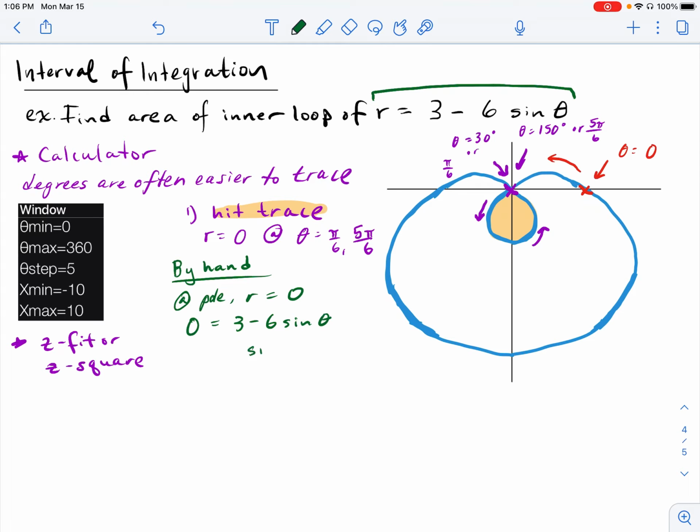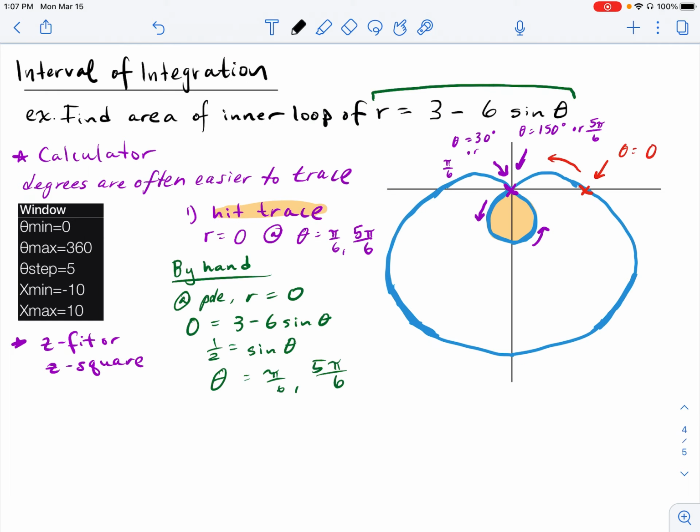And by simplifying, sine theta is equal to 1/2. Algebraically, we can find that theta is equal to pi over 6 and 5 pi over 6. So it's good to know both. It's good to know how to graph this by hand, but also how to use your calculator to find those points of intersection and therefore our bounds of integration.